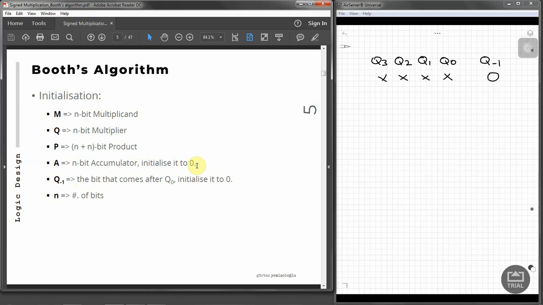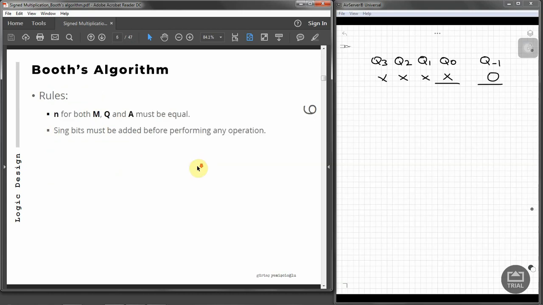Now, the aim of this algorithm, or the way it interprets the bits and makes the calculation for signed bits, is that it checks the last 2 bits of the multiplier and the Q minus 1 and performs the operation based on that. Now, let's get into the details of it. There are a couple of things that we need to take care of.